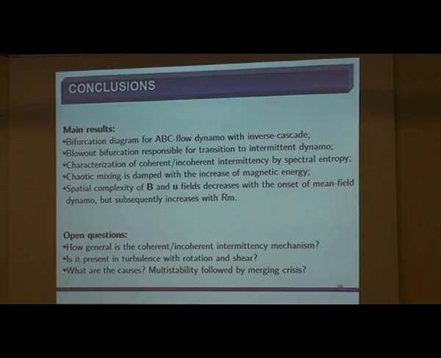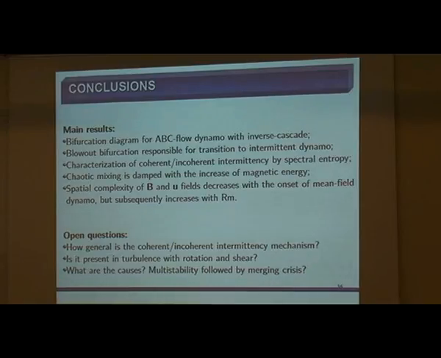I think there might be some confusion related to terminology. In principle here you study the generation of a large-scale magnetic field, so we study mean field effects. On the other hand, intermittency is usually related to a small-scale dynamo. Yeah, but here you have a mix.